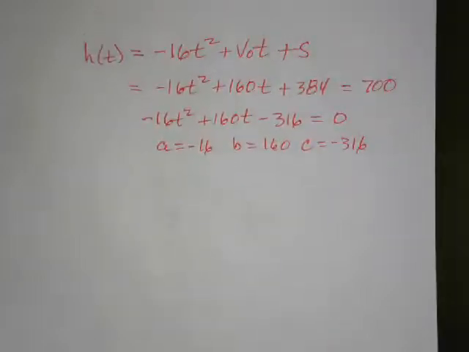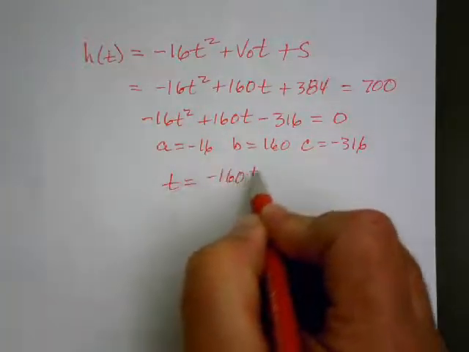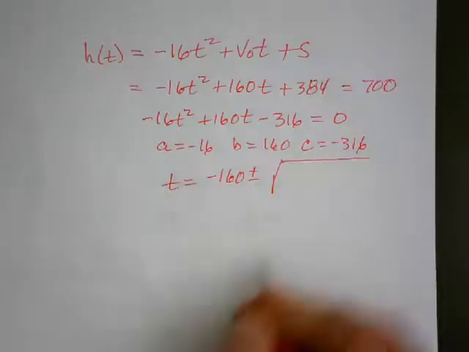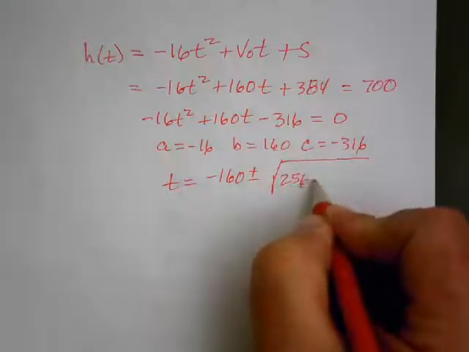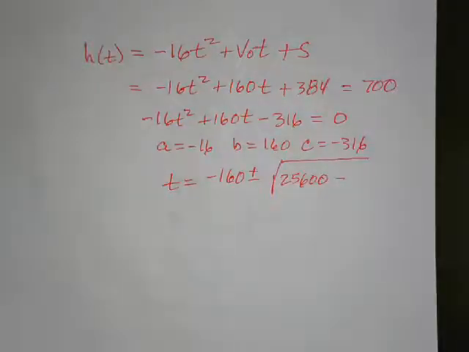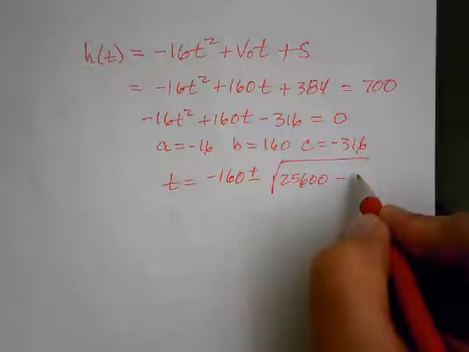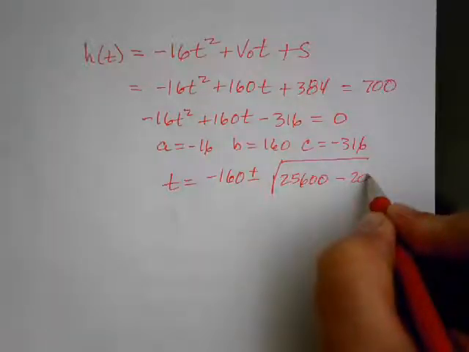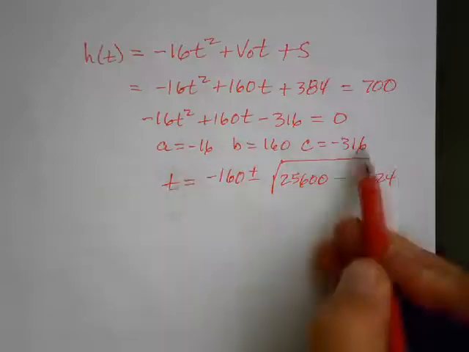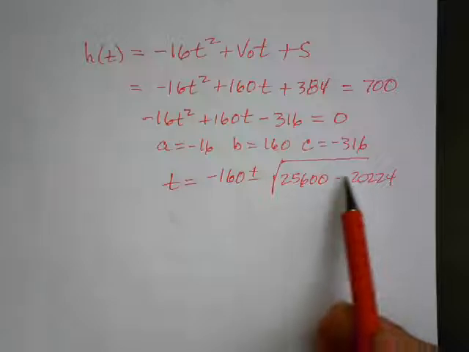And so t is going to equal negative 160 plus or minus the square root of 160 squared minus 4ac, this will end up being, let's see, 2224. Please note that both a and c were negative, so in minus 4ac, three negatives will make a net negative, and then the whole thing would be over negative 32.